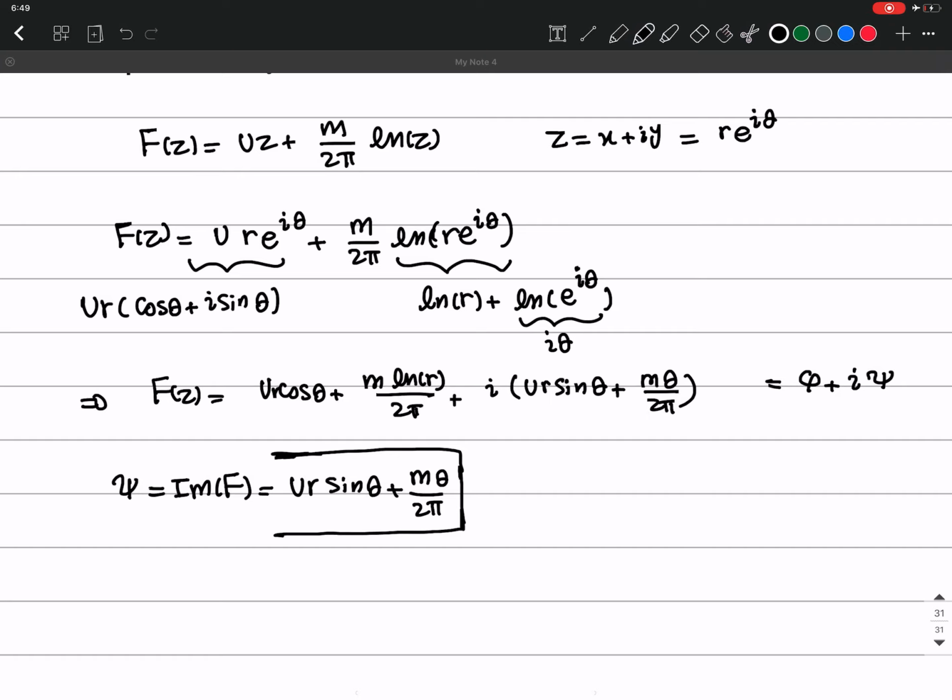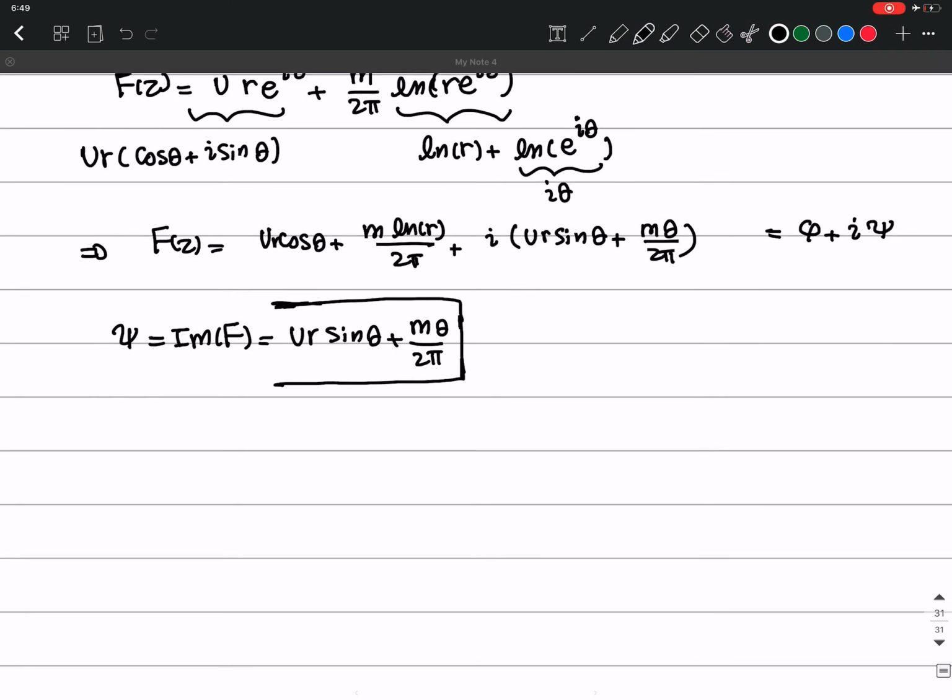Okay, so for example, I can find one of them: the shape of the streamline that passes through the stagnation point.